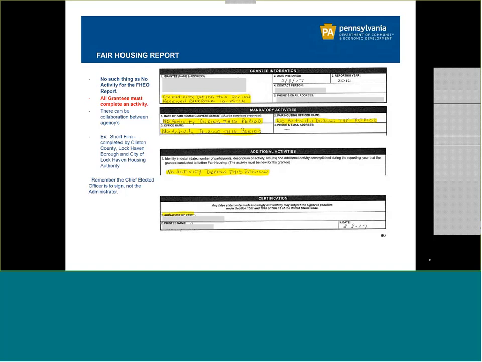That means from January 1st to December 31st. So if you haven't done your 17, may I remind you that it has to be done before December 31st of this year. So again, there is no such thing as no activity. Every grantee, ESG, Home, NSP, CDBG-DR, competitive, is required to do an activity.